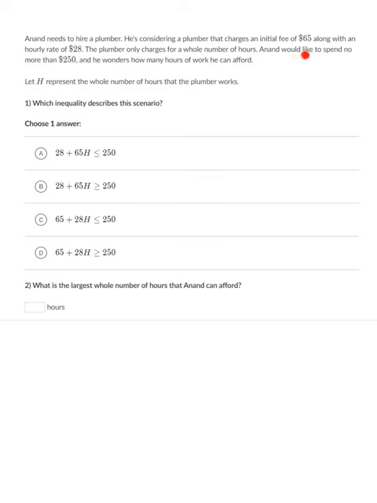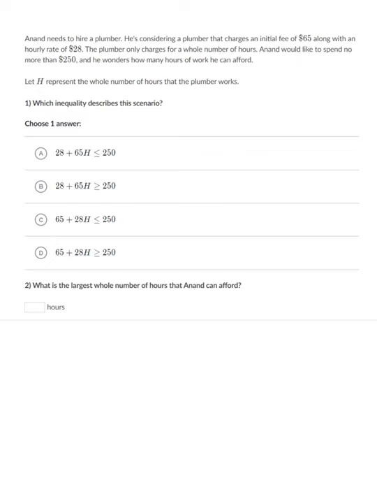Anand would like to spend no more than $250 and wonders how many hours of work he can afford. Let H represent the whole number of hours that the plumber works. Which inequality describes this scenario?